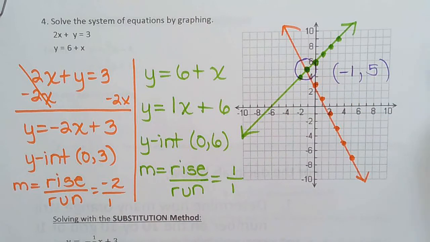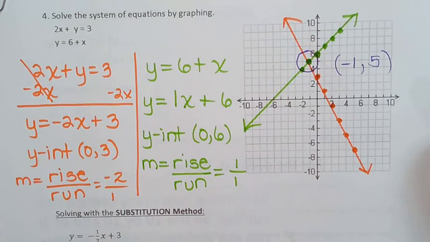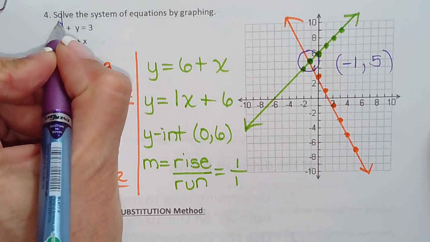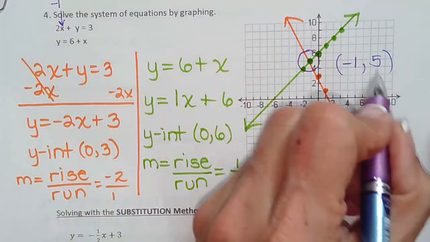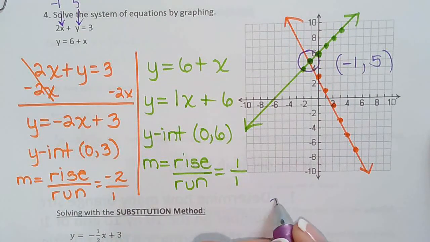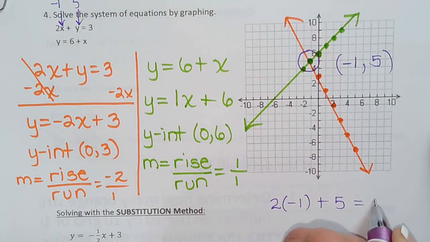And do you all remember from the previous video how I taught you how to check it? So put negative 1 in for x, and 5 in for y, and work it out as 2 times -1 plus 5 equal to 3. 5 minus 2 is 3. So if you get a true statement, you go, yay, it works.